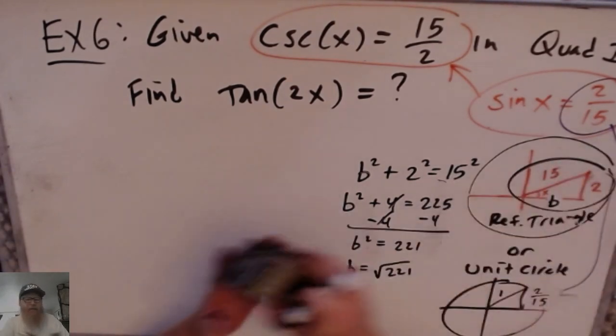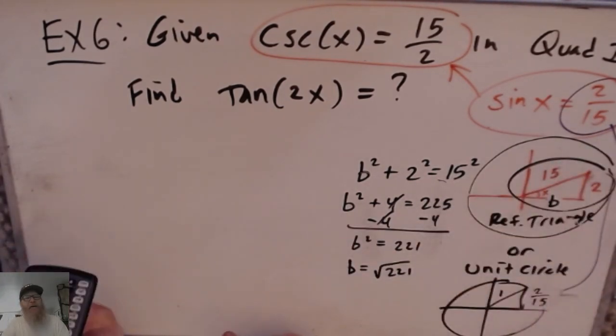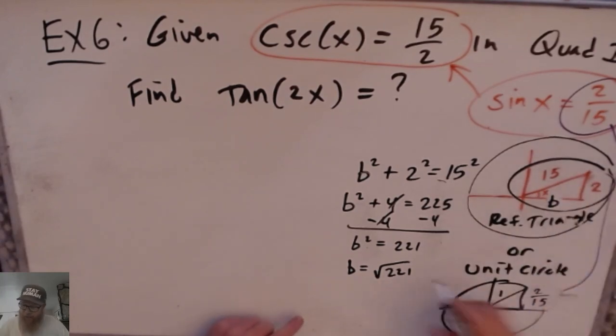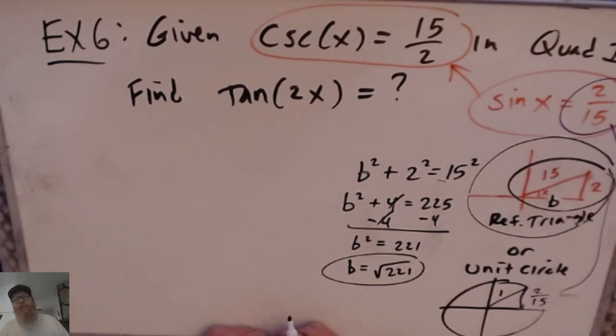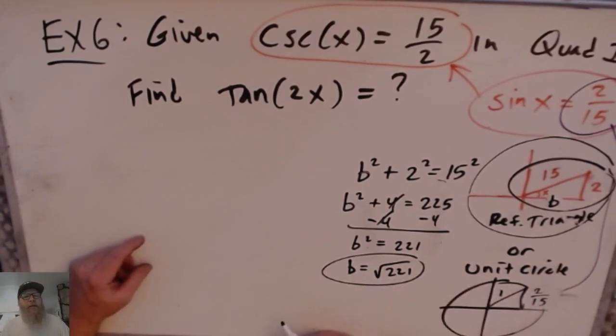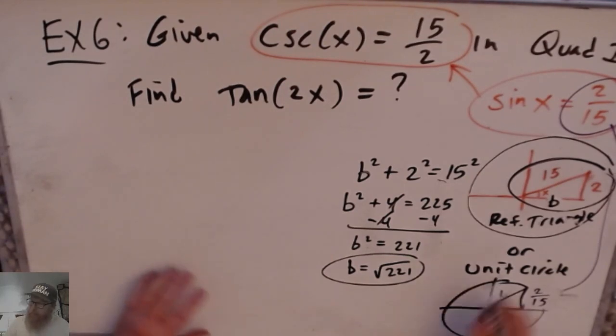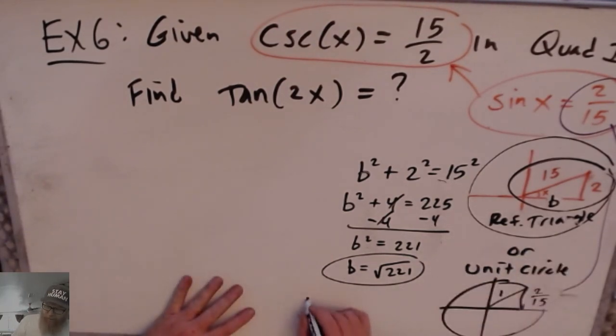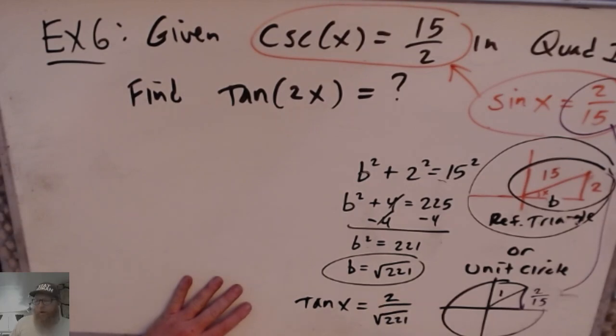Give it a try. It might be a perfect square. Probably not. Nope. It's a decimal. So I'm just going to leave it unsimplified for now. When I'm done with the problem, I'll read the directions carefully and decide if I want to do exact value or rounded value. Okay, so now what do we know? We know that tangent of x is 2 over the square root of 221.